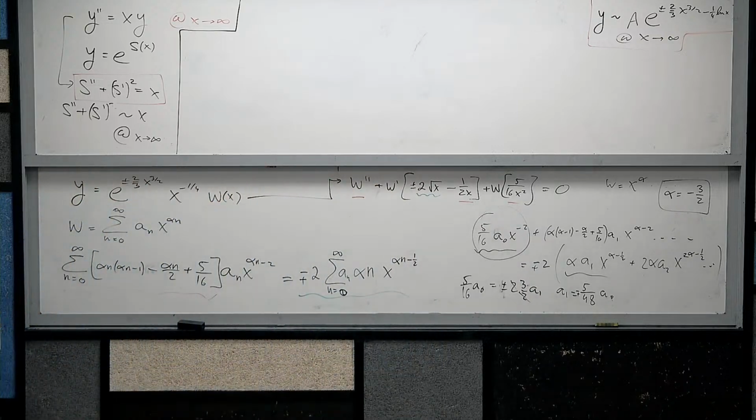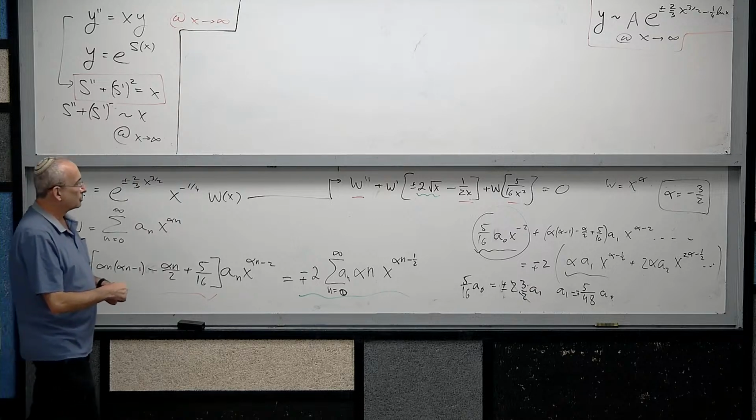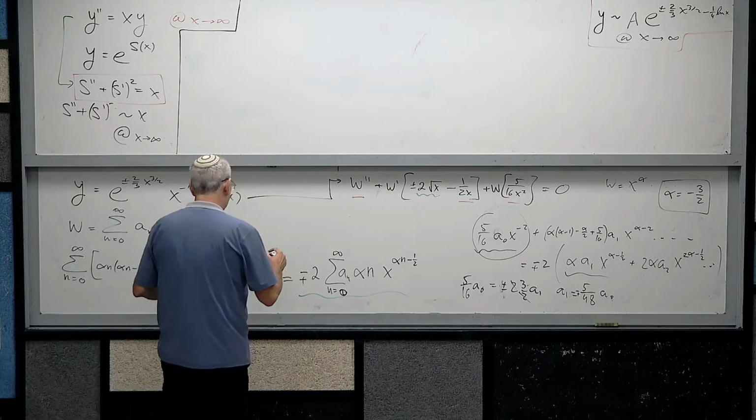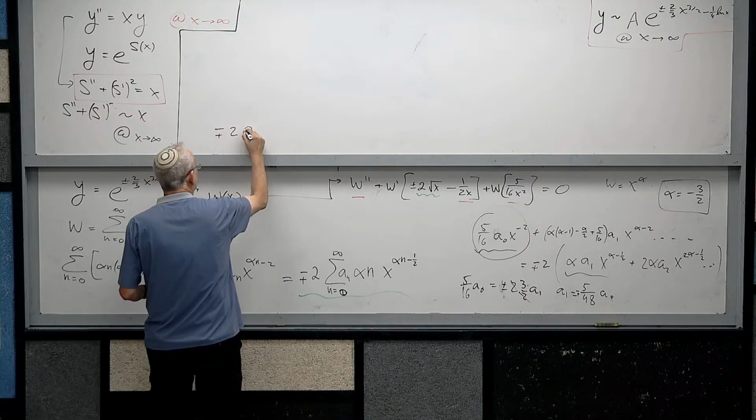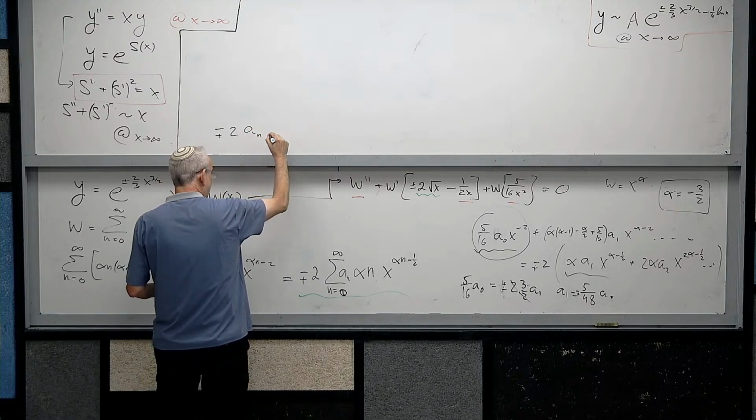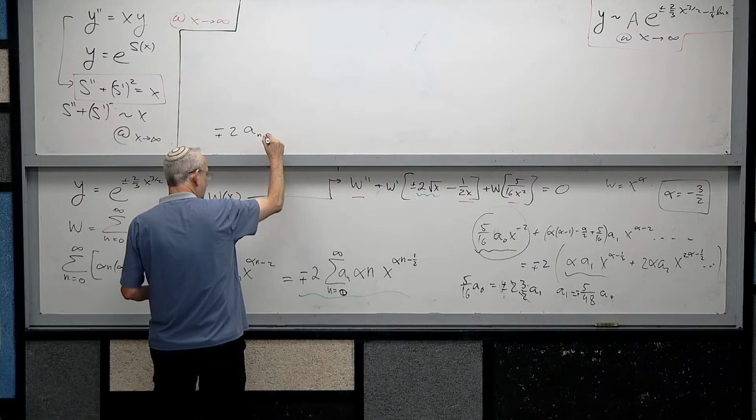So the general relationship, please correct me if I'm wrong, is minus plus 2 a n... no, I want a plus 1.